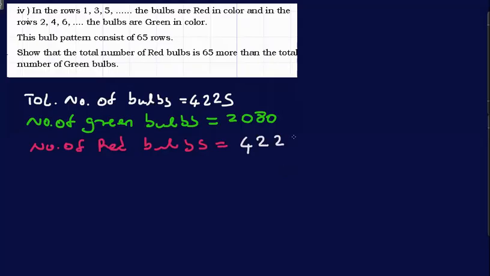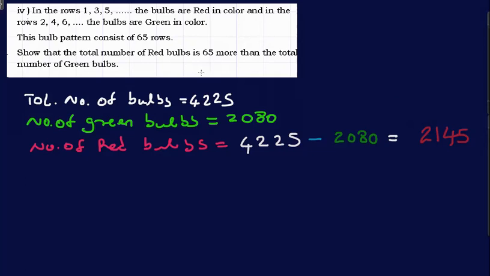So from 4,225, let's subtract 2080 to find the number of red bulbs. What would it give us when we subtract? So that's 2,145 red bulbs.